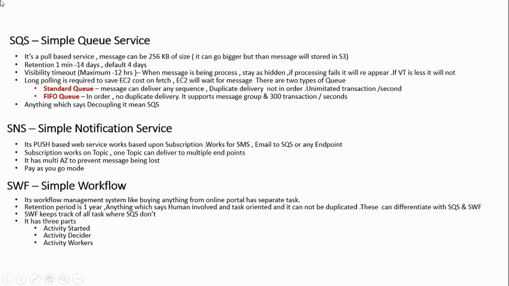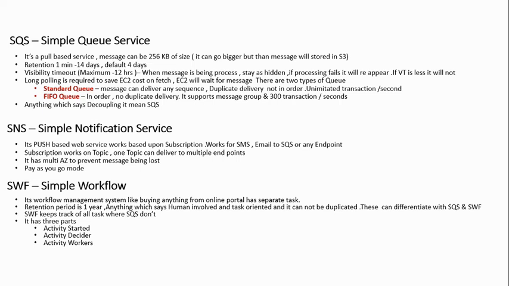these two topics: visibility timeout and long polling, right? Visibility timeout is a maximum of 12 hours. Suppose you have one message in a standard queue or FIFO queue, and one of the EC2 instances got it and started processing it, and in between something happened and the EC2 instance got stopped or removed.